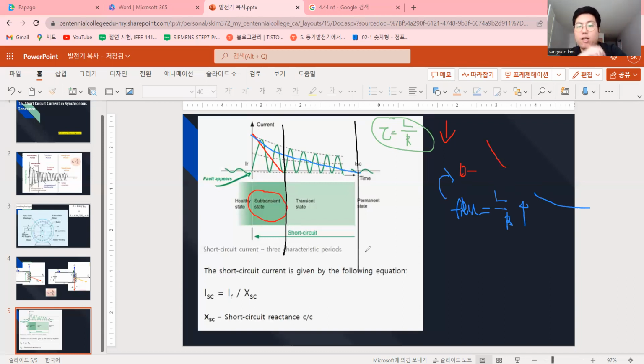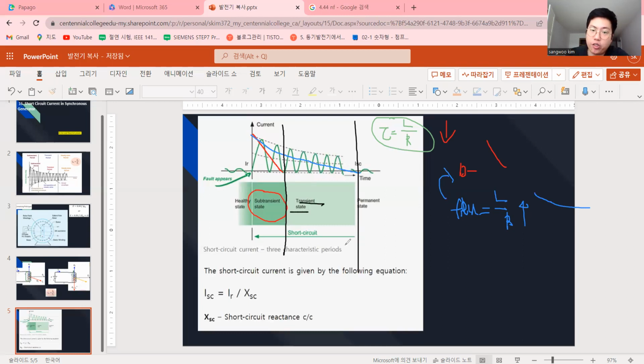So in the sub-transient state, because of the dampers, tau is low compared to the other windings. So that's why it's sharp, right? But it disappeared early. So in the sub-transient state, we mostly include the damper windings, which impact that period.